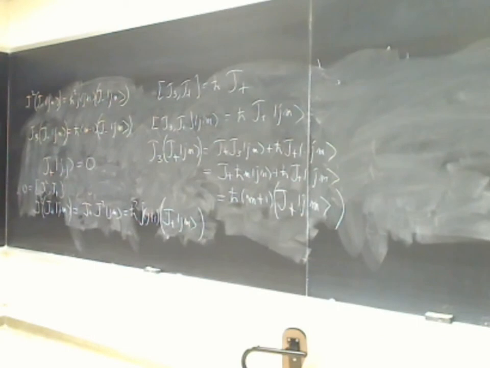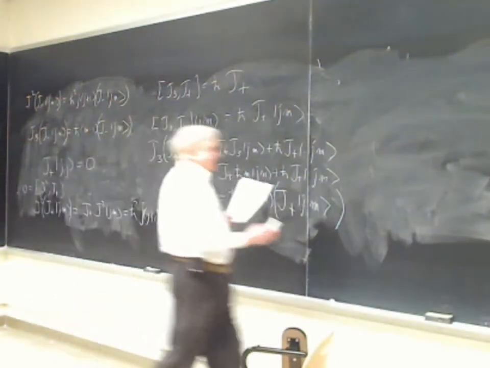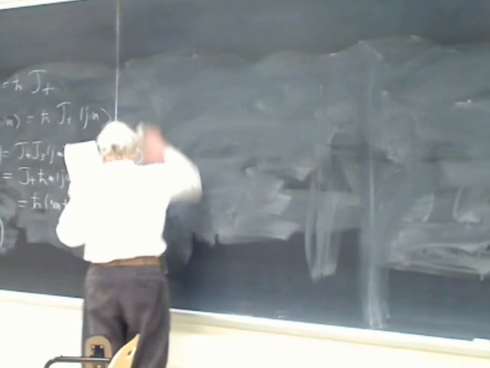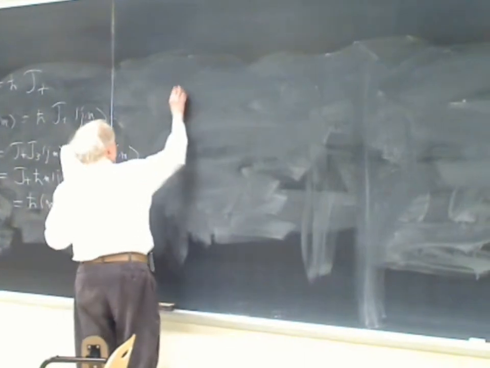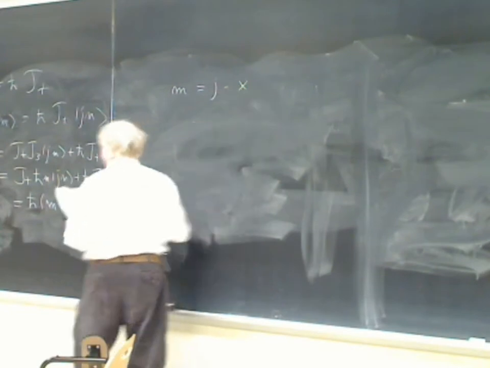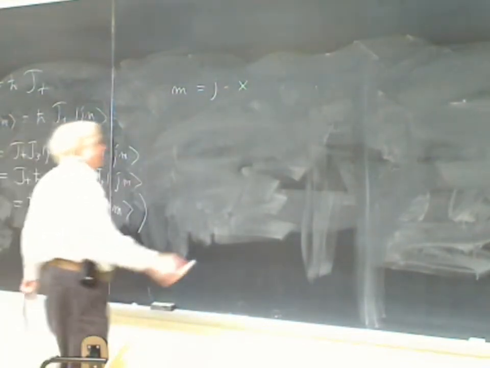Okay. So now we've learned a lot about these states. And we're almost done. We know that m has to lie between minus j and j, and consequently we can set m equal to j minus x, where x is non-negative.